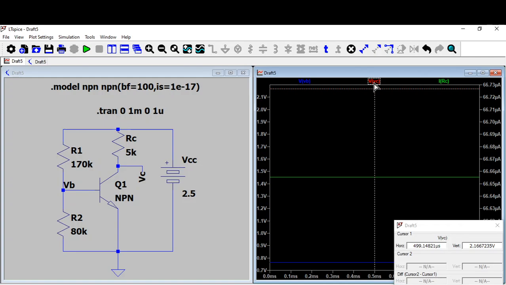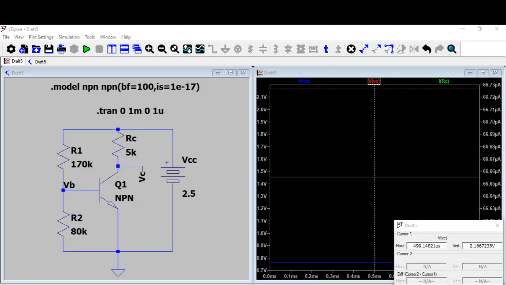What is the value of VC? In simulation the value is 2.166 volt. Using calculation it is VCC minus IC RC. VCC is 2.5, and IC by calculation is 63 microampere into 5k.